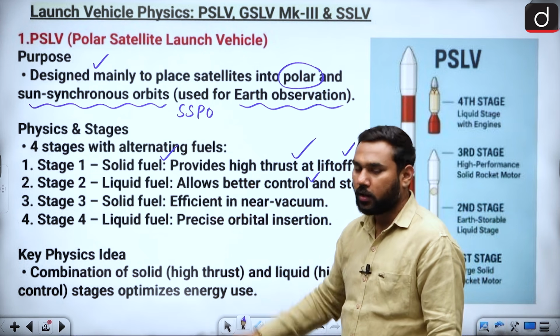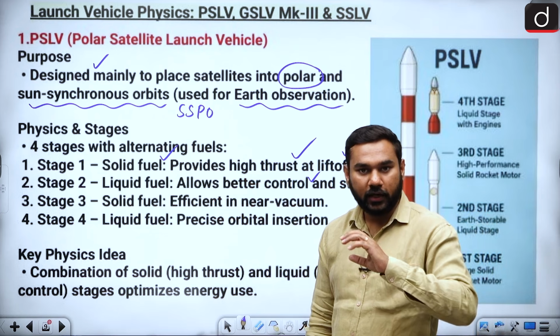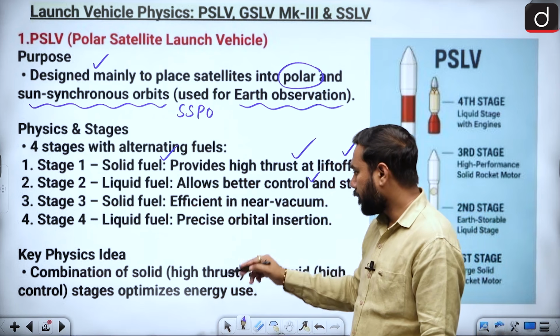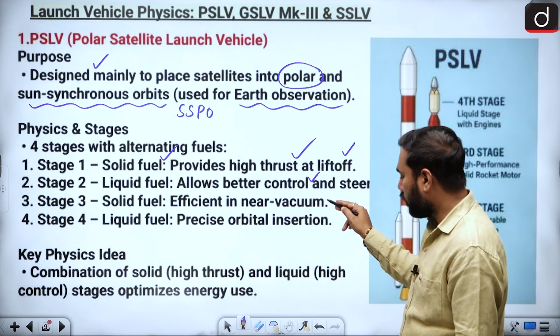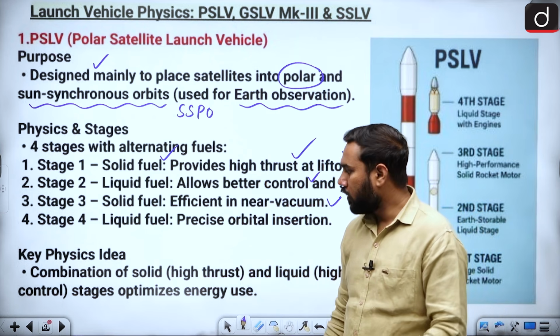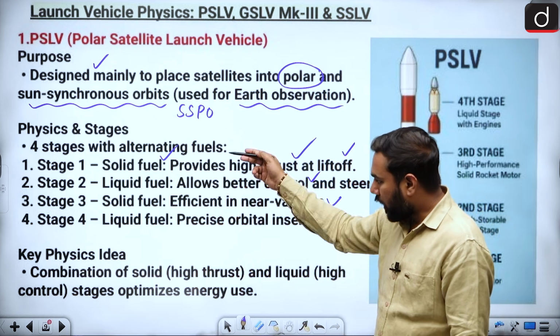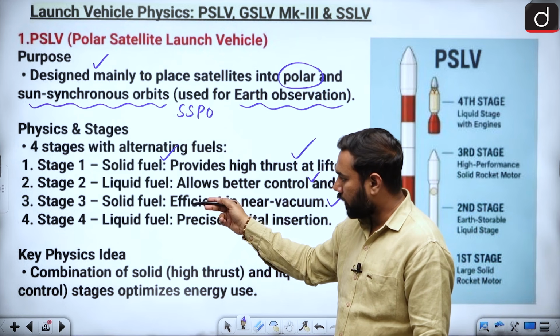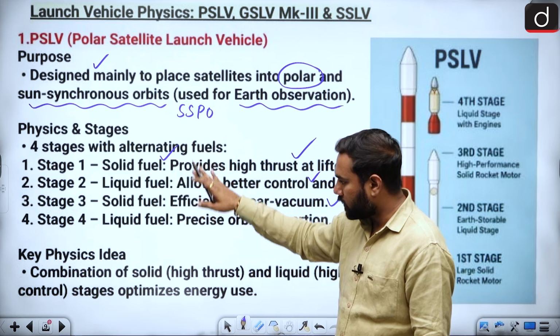Again the solid fuel, because if you need again a very big thrust, you can fire the solid fuel. So it is efficient in near vacuum. And the last one, again for balancing and controlling, there is a liquid fuel. So you have to know about the first, second, third and fourth stages. What is the sequence?